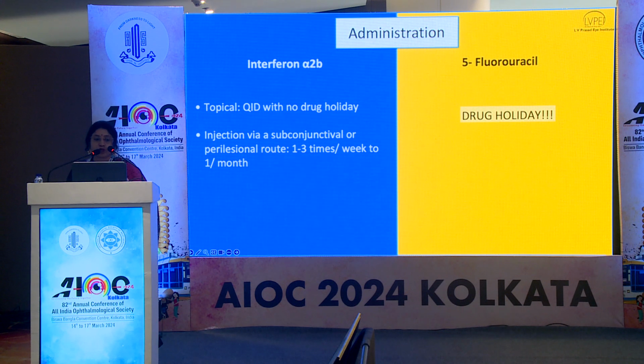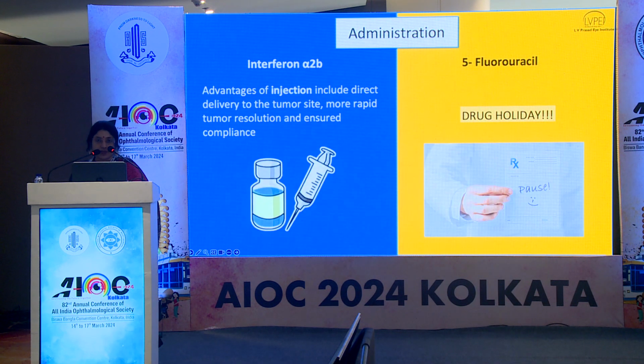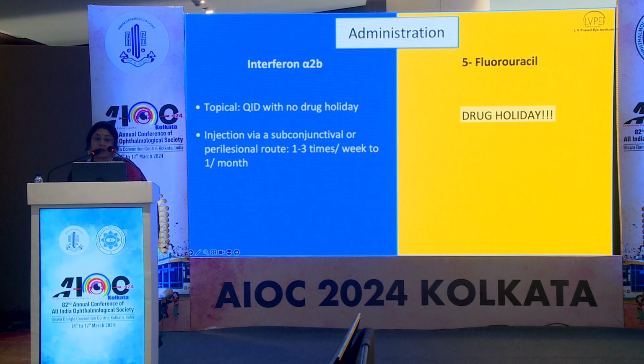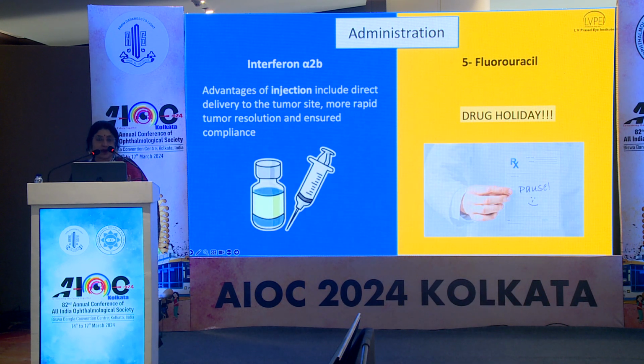Administration, interferon alpha 2B, as we all know, 4 times a day, and there's no drug holiday. Whereas for 5-fluorouracil, there's a drug holiday. We use it for 1 week and then pause it for the next 3 weeks. But for the injection of interferon alpha 2B, the dosage used differs from location to location, but what we use in our institute is once a month, whenever required, not in all cases.